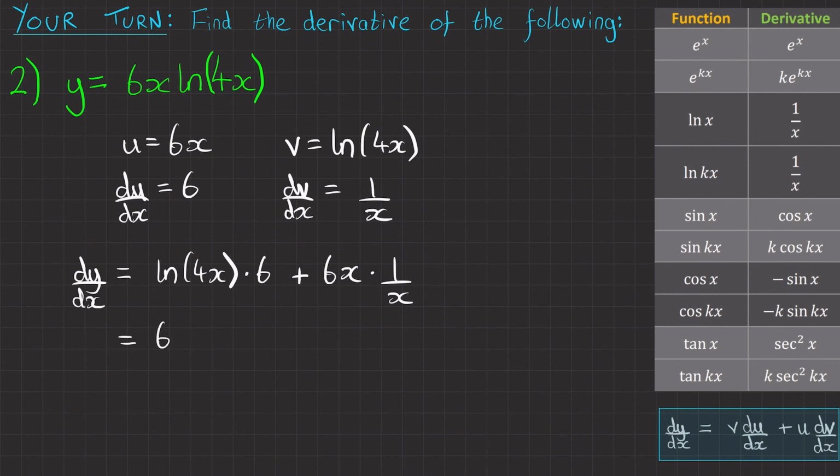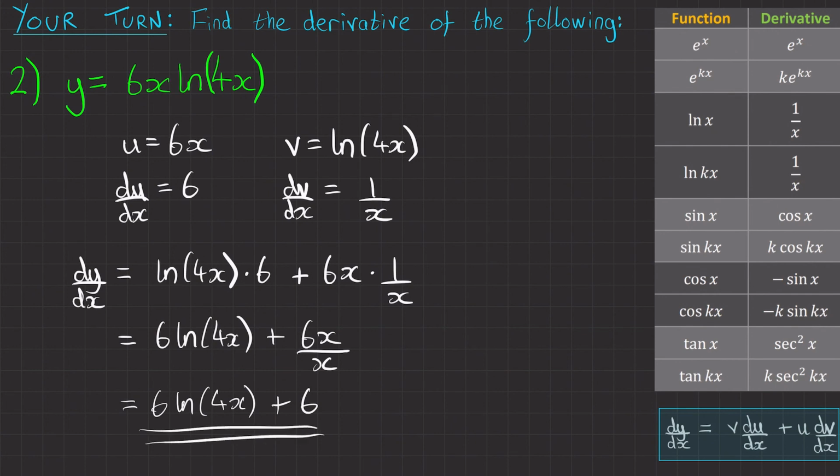So we've got 6 ln 4x plus 6x over x, which equals 6 ln 4x plus 6. We've got a final answer there, but if you want to take out a factor, it would leave us with 6 lots of ln 4x plus 1.